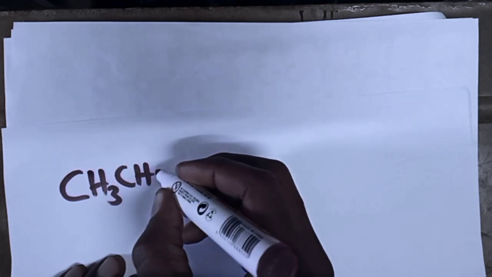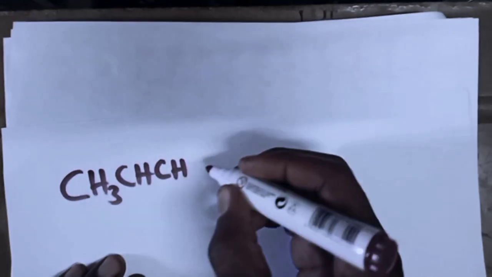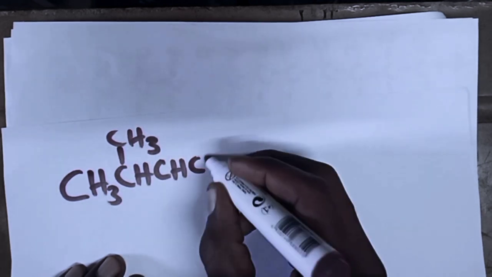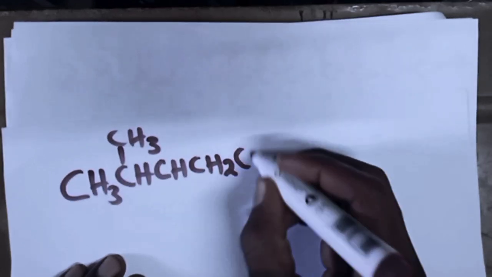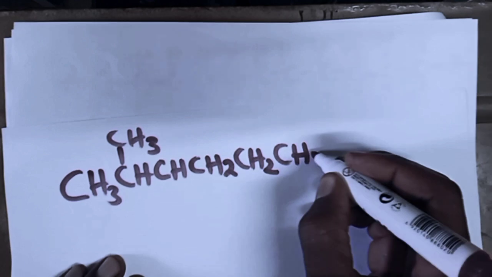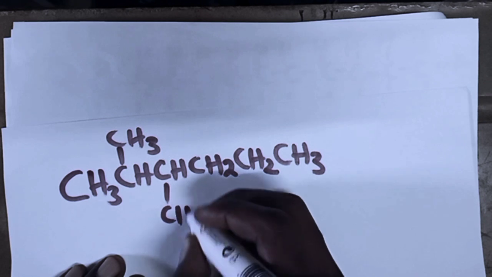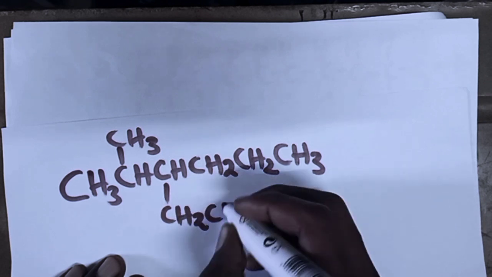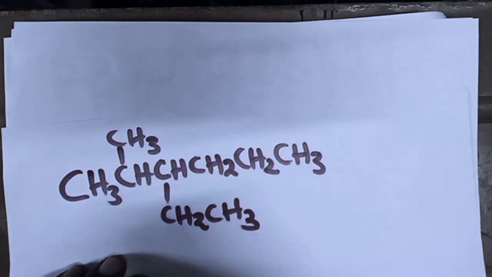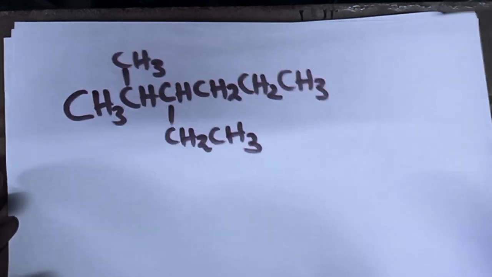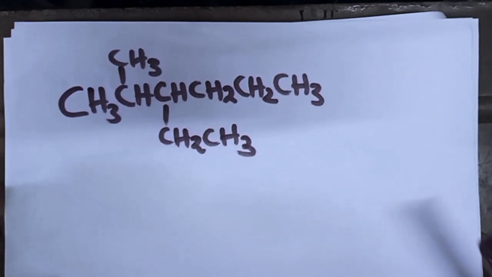CH3, CH, here there is CH3, CH, CH2, CH3, then here maybe we can put something like CH, CH3. Alright. We want to look at the rules while comparing with what we have.